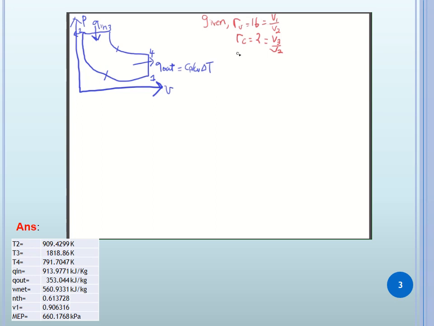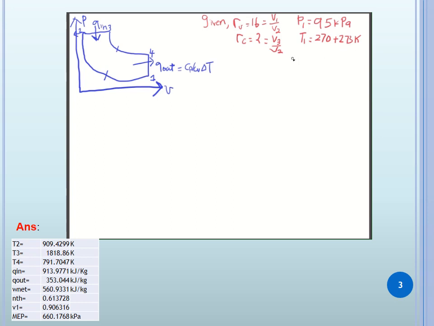And then we have P1, 95 kilopascal, and temperature 1 is 27 degrees Celsius plus 273 Kelvin.